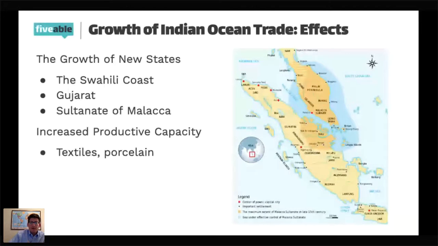But later on, around the year 1400, comes a new state that develops as trade continues to expand and grow, and it is what we call the Sultanate of Malacca. It lasts from about 1400 to 1500. I think the date I saw was about 1511, and it came to dominate this bustling route. That trade route is going to be extremely important.